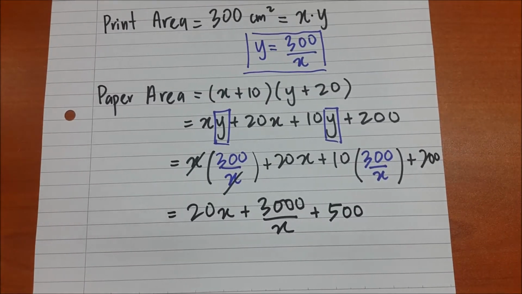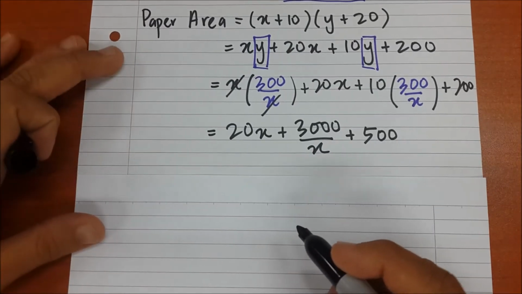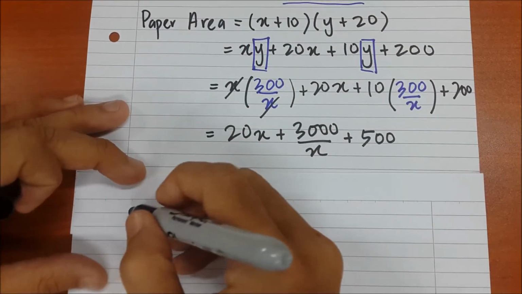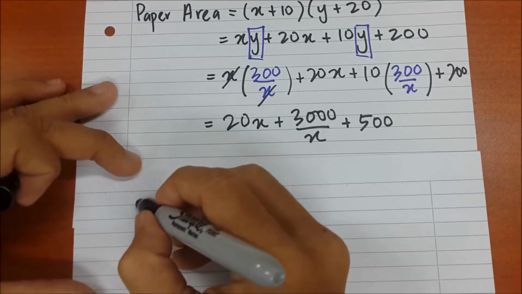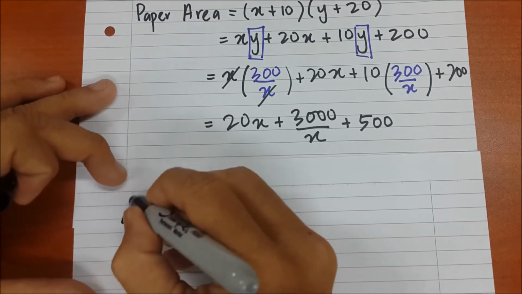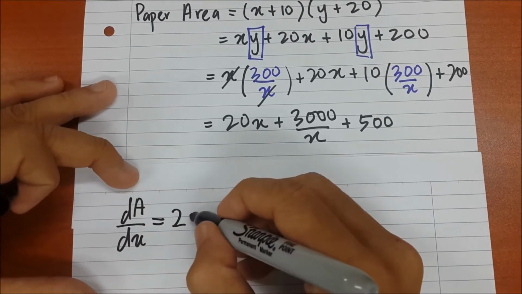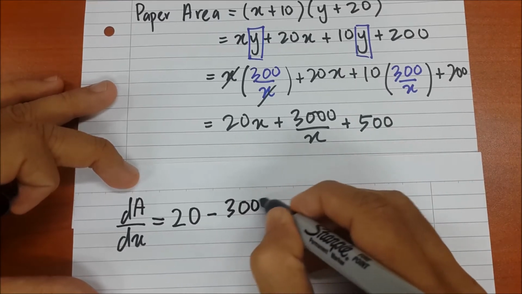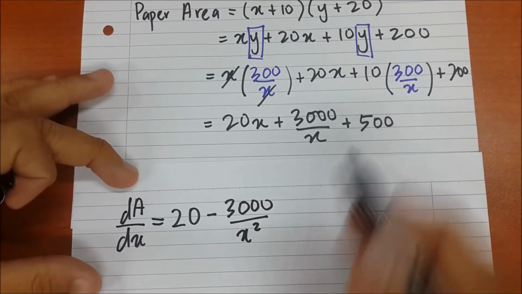Alright, so in order to get the minimum area of the paper, we need to find the critical point first, right? So the area here let's denote as A. The derivative would be dA/dx equals 20 minus 3000 over x squared plus 0.